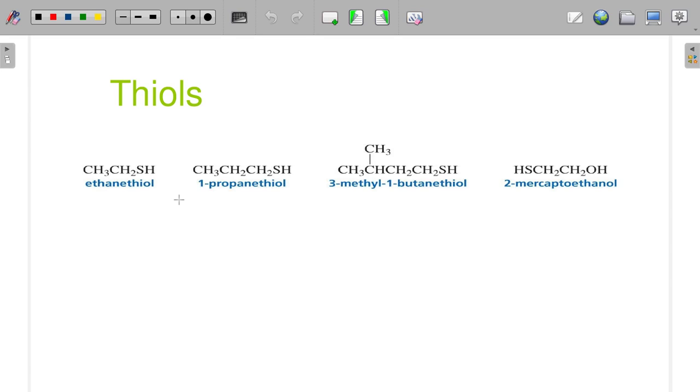And in nomenclature priority, they're right there with alcohols, so they have more priority over our alkenes and our alkyl halides and the esters, but they have a lower priority than alcohol. So if I put that with an alcohol, like this last one, that becomes a substituent, and mercapto is the name of an SH.